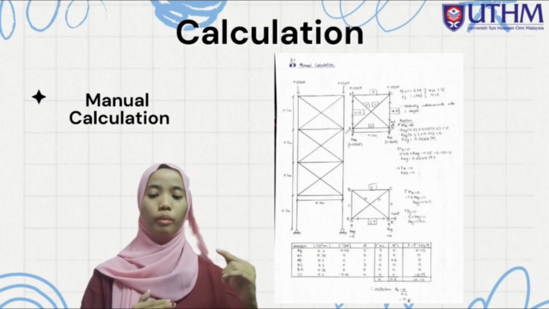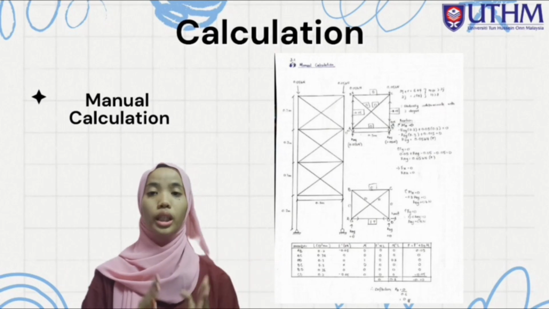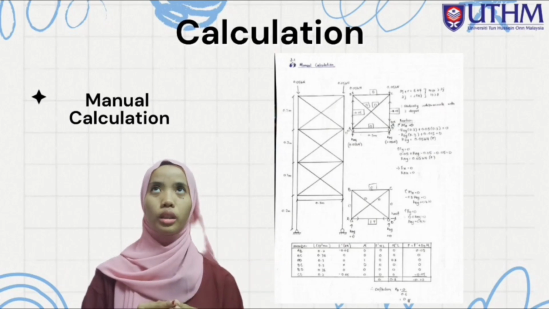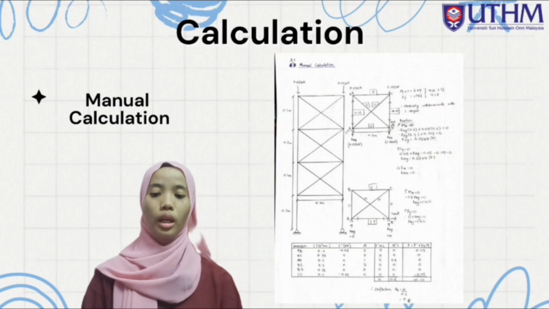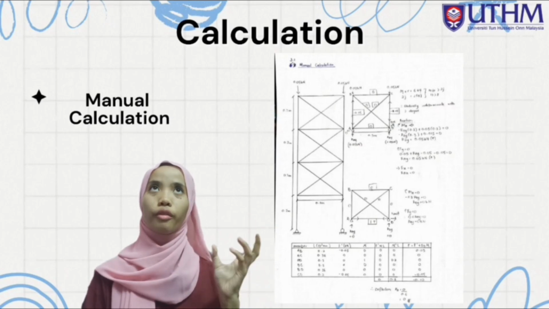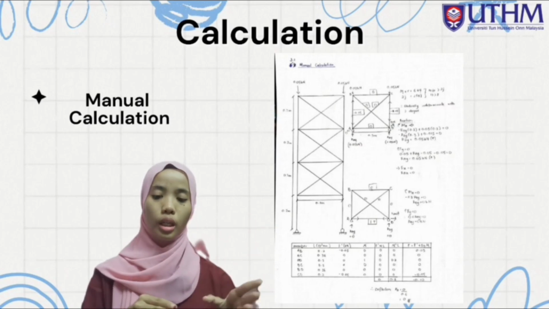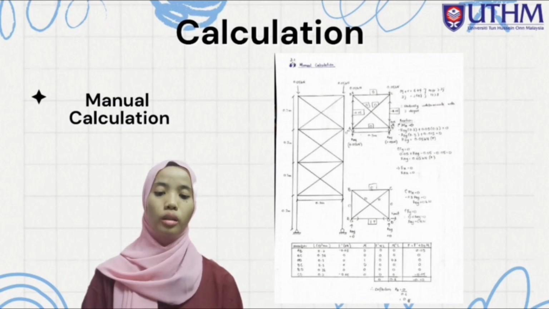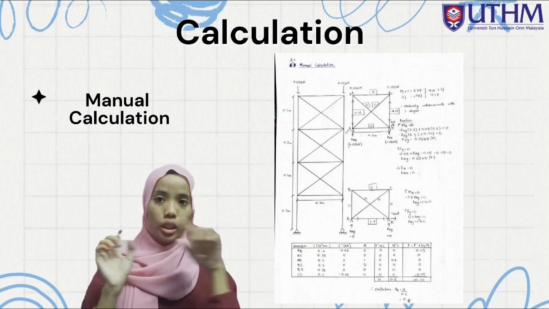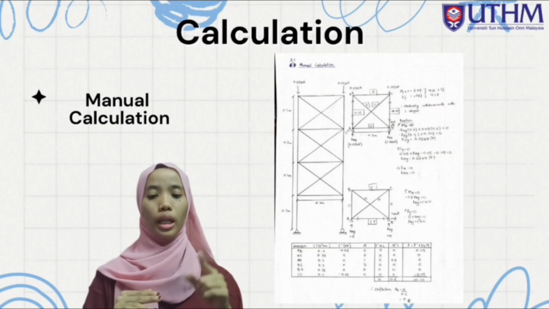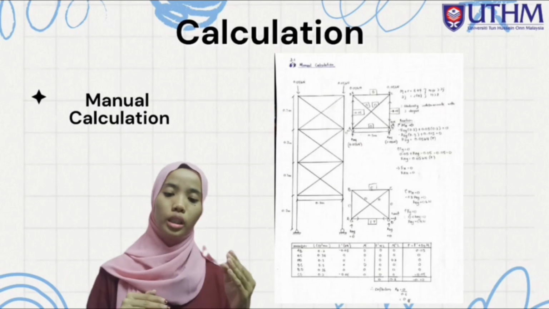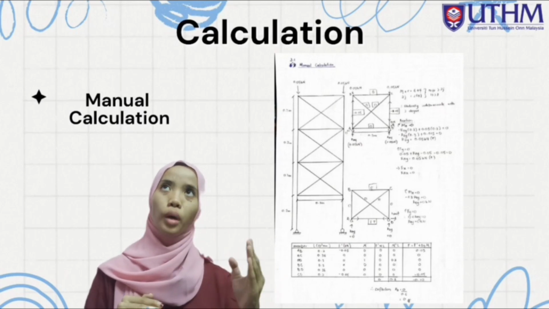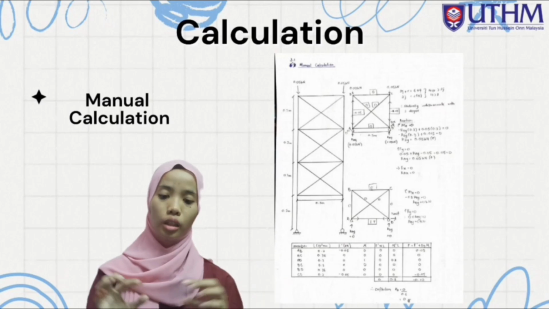F prime is the internal force from the real load, and mu is the internal force from the virtual load. The next column is F prime mu L, then find the total. The next column is mu squared times L, and find the total.